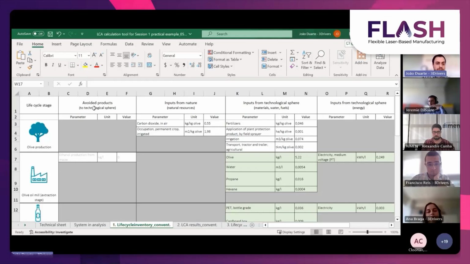There's also a 5th category of inputs, which are avoided products, which normally are used when the processes that we use enable us to replace a raw material. For example, the example that Anna gave, a process that receives waste and transforms it into energy.